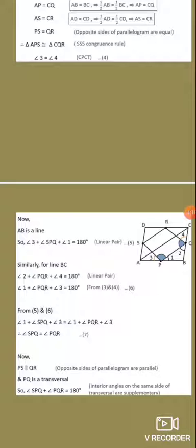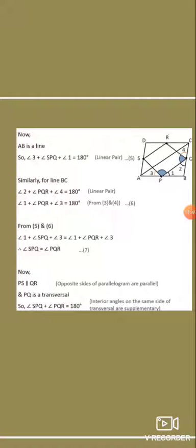Put that as equation number 6. From 5 and 6, angle 1 plus angle SPQ plus angle 3 equals angle 1 plus angle PQR plus angle 3. Now cancel angle 1 and angle 3 on both sides. So remaining, angle SPQ is equal to angle PQR. Put equation number 7.